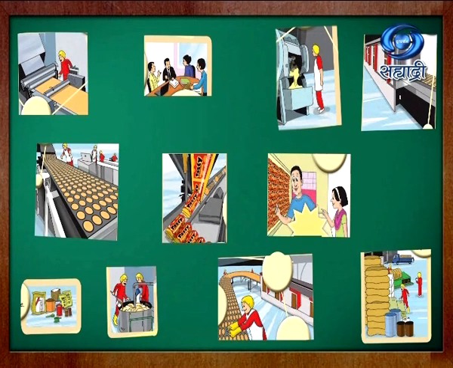Now let us look at the answers. The first step is get a recipe. Very good. The second step is to choose the ingredients.